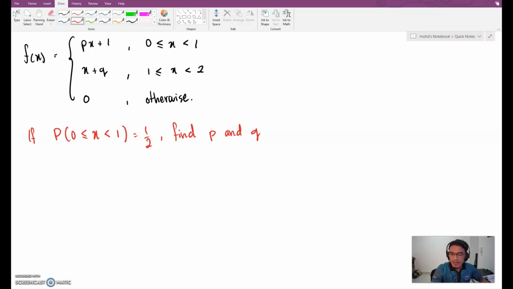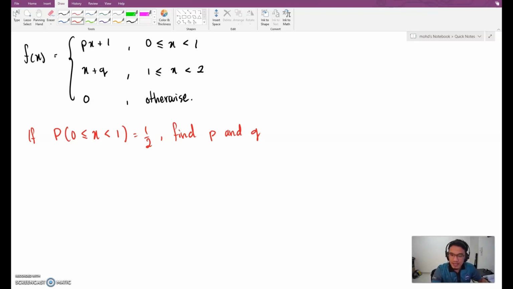Alright, next example, we are looking at another probability density function which has two equations: px plus 1 for the region between 0 and 1, and x plus q for the region between 1 and 2. The other part is zero.